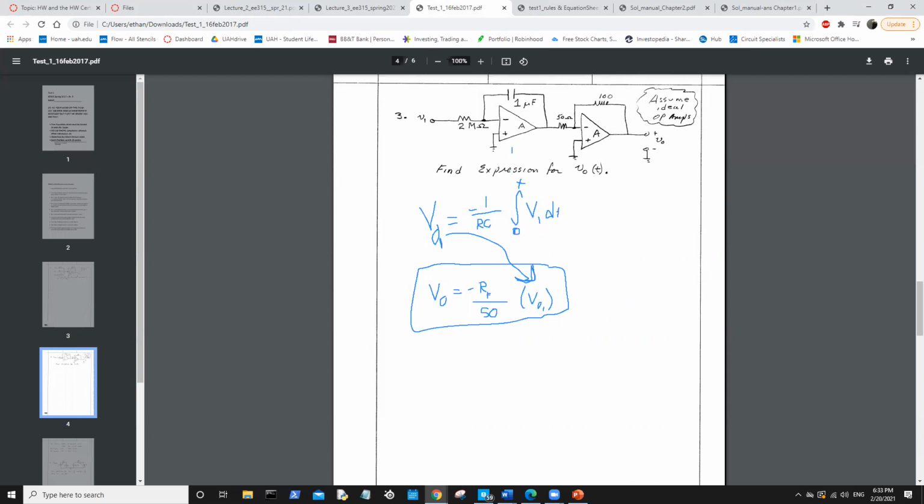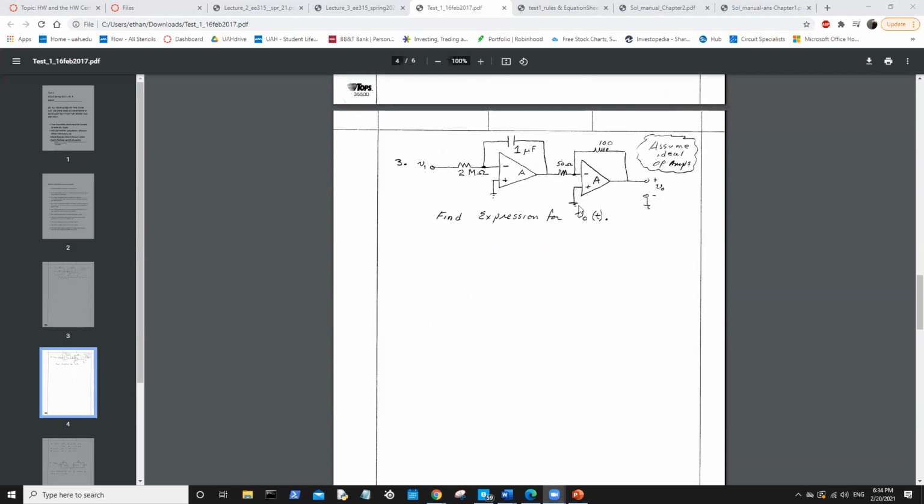All right, I'm gonna clear this annotation. So, do you think for this solution set, do we need to derive the entire expression for the integrating amplifier, or could we just take it from the cheat sheet? He gave us a cheat sheet. You can take it from the cheat sheet. That's what I'm thinking. Basically, you just set up and label the output as V2, which is the V out for the first amp.